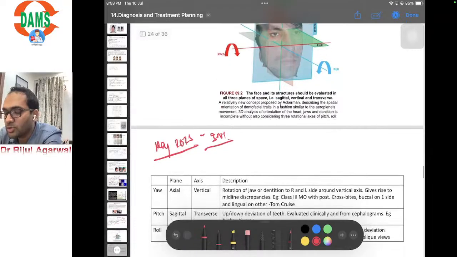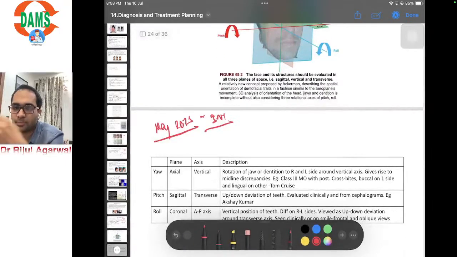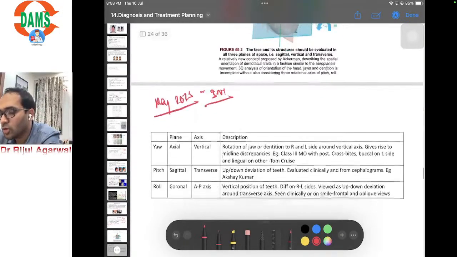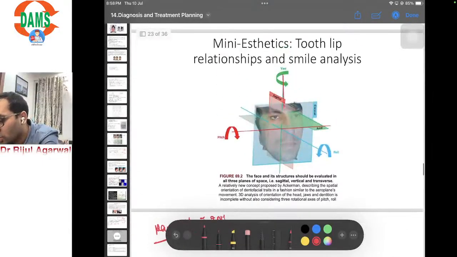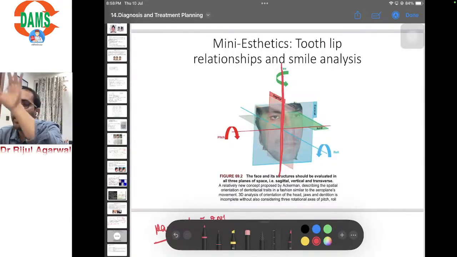So what is it? In pitch, yaw and roll, two things are important, the plane and the axis. Yaw means the plane is axial, the axis is vertical, and the rotation is along the axial plane.